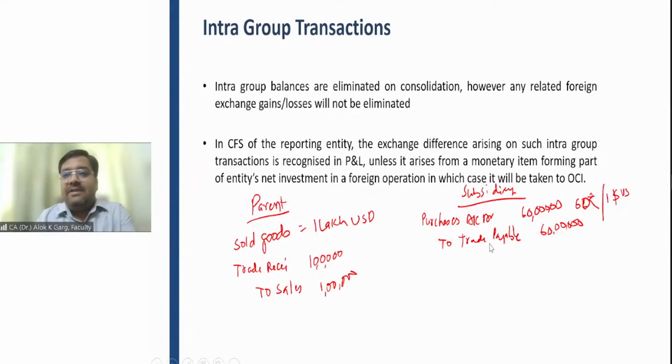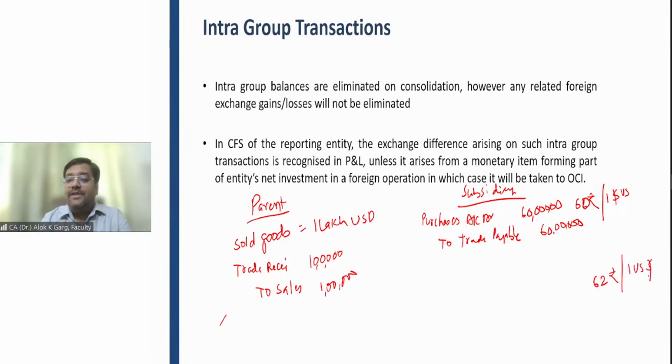Now both the entities are preparing their closing books of accounts, their books on the reporting date. This parent will do nothing. Why? Because the parent has to receive 1 lakh US dollar, but this subsidiary has to restate. And let's say the closing rate becomes 62 rupees per US dollar.